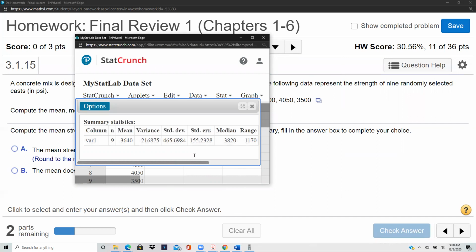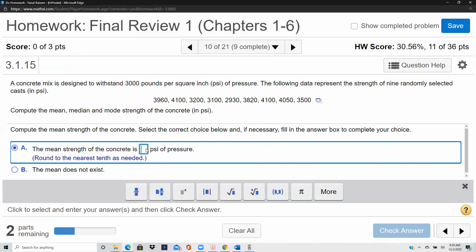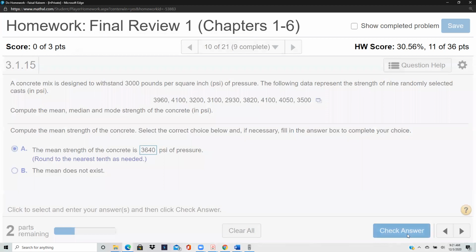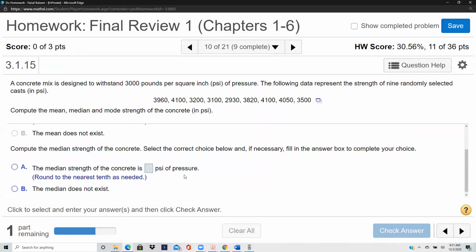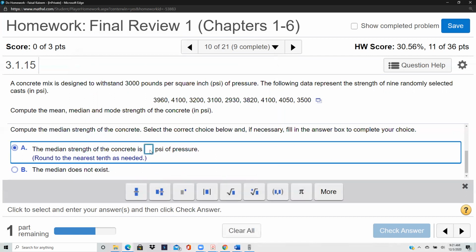Median is 3820. Oh, I don't see the mode. 3640, 3820. Mean. What do I do about the mode?